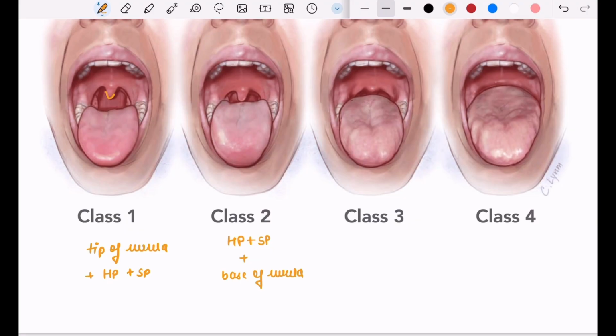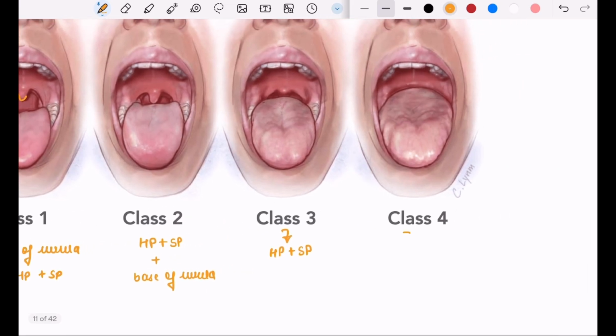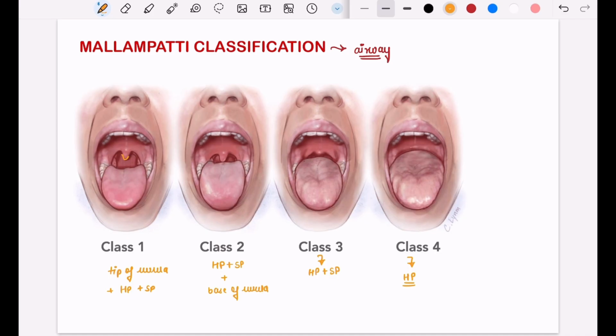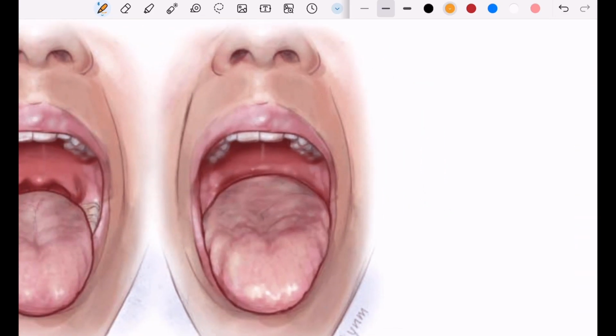In Mallampati class 3, we can see the hard palate and the soft palate only. In Mallampati class 4, we can see only the hard palate. There is one another class of Mallampati which is grade 0, in which we can see the epiglottis also, along with the grade 1.